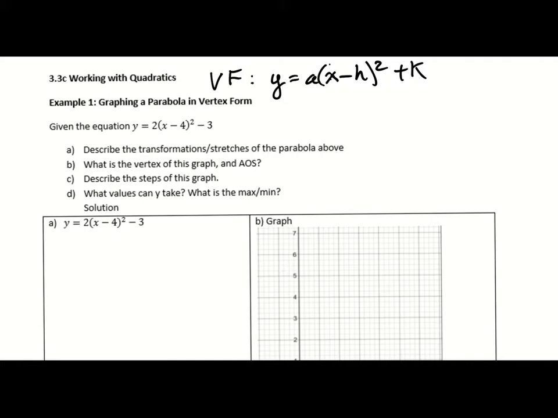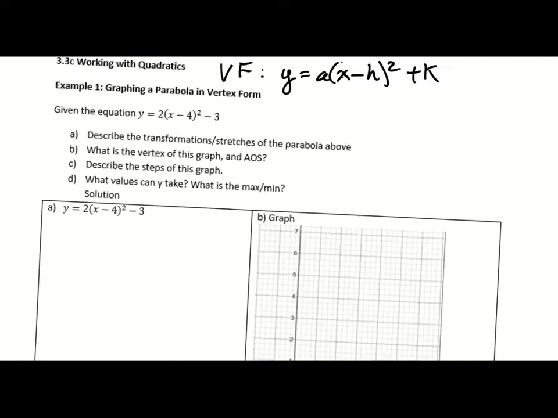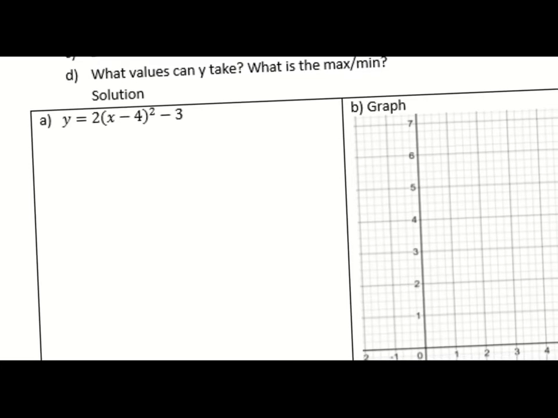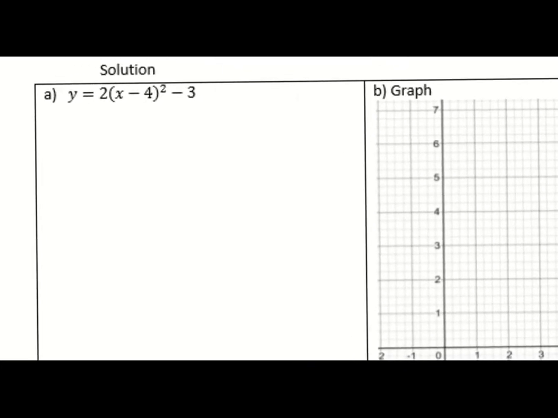So what we're going to do is we're going to take a look at question number 1A, which asks us to describe what's going on with this equation here. Remember, our basic equation is y is equal to a(x minus h) squared plus k.